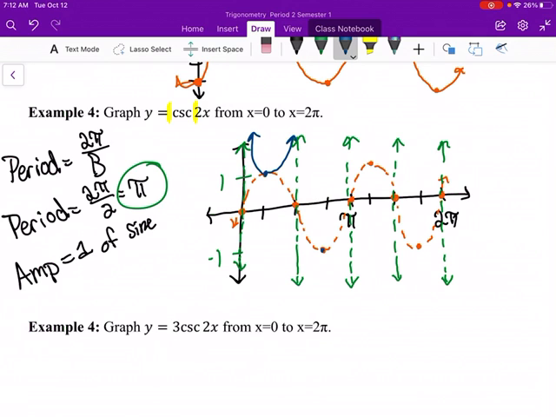And then we can draw our arches of our cosecant. And there we are. So that would be the graph of the cosecant from 0 to 2 pi.